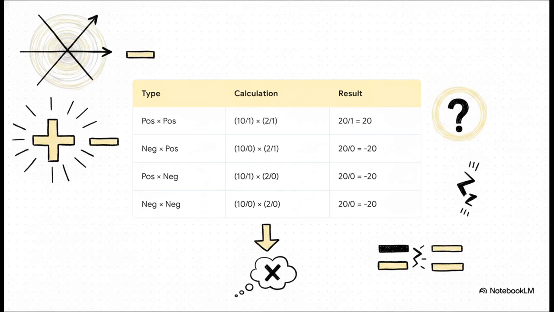Still makes perfect sense. Row 3 works exactly the same way, but pause for a second and look at row 4. A negative times a negative. 10 over 0 multiplied by 2 over 0 equals 20 over 0. And what is a value over 0 in this system? It's a negative. Therefore, in this specific framework, a negative times a negative actually equals a negative 20. He has completely bypassed the age-old rule that a negative times a negative must be positive.